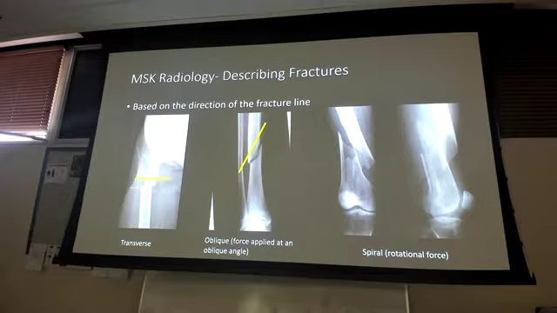Another way you can tell is to look at my oblique and my transverse compared to my spiral. Again, it is a 2D picture, but look at how the bone and the fracture has depth to it. It looks like there are layers to that fracture.